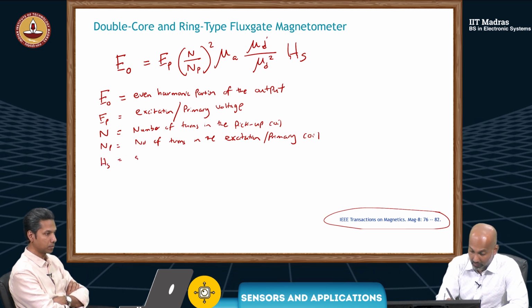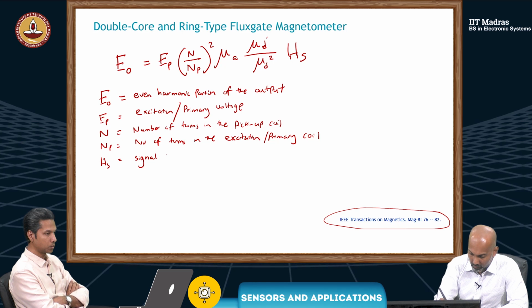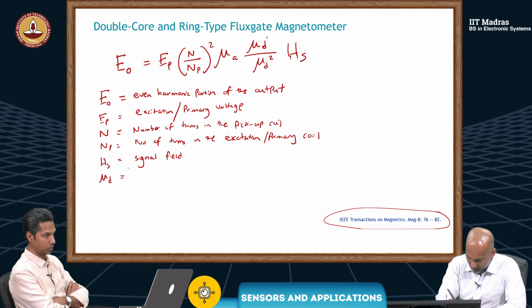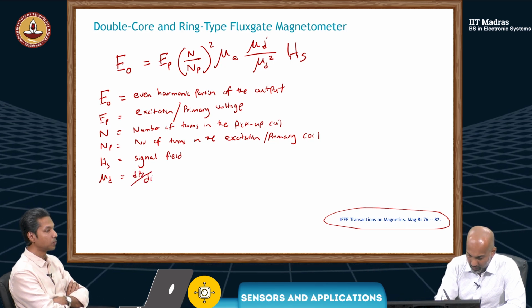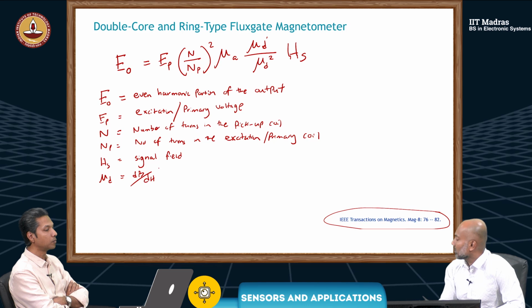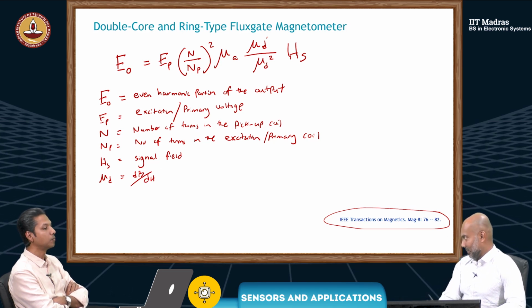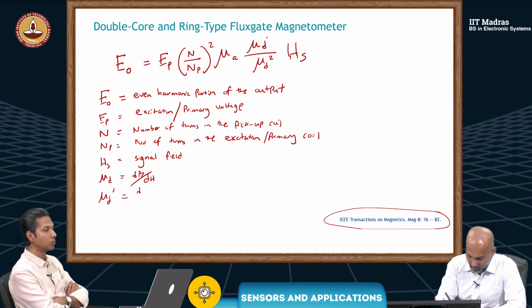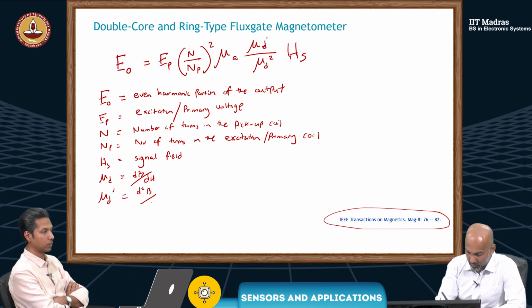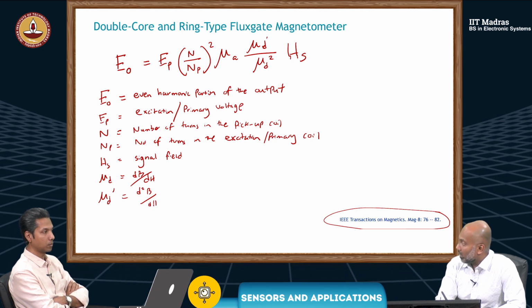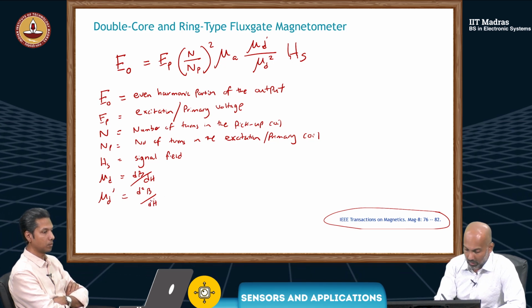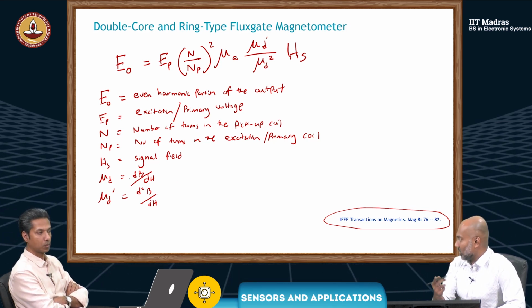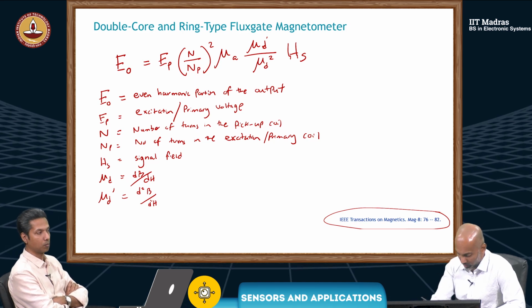HS is your signal field. And you also have this mu D, which is basically dB over dH in your BH curve. And there's also mu D dash, which is your second differentiation of the BH curve, a double differentiation.